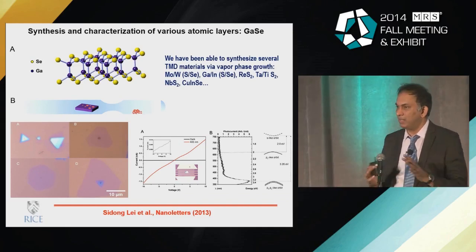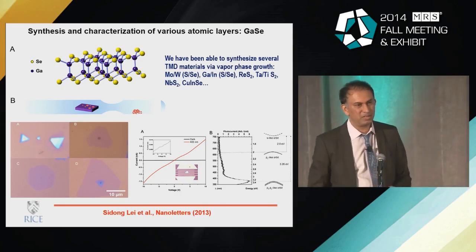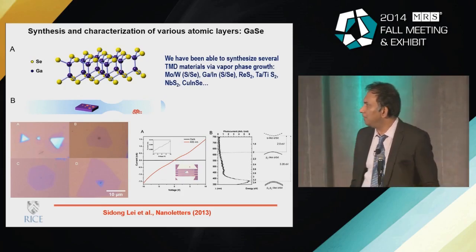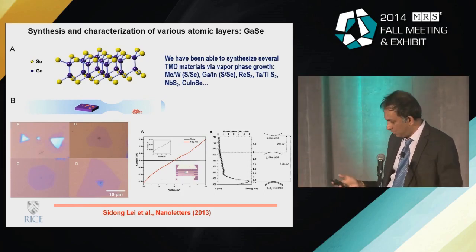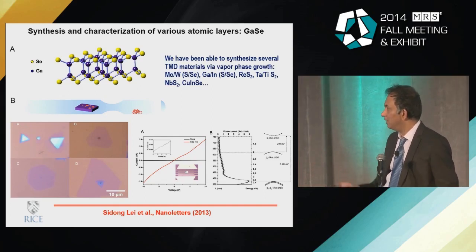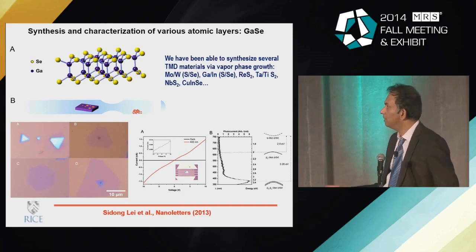And again, the reason why you have all these materials now interesting is because they fall into the different band gap spectrum. There are some interesting materials based on single chalcogen atoms, and again these are also now possible to be made into thin monolayer films.